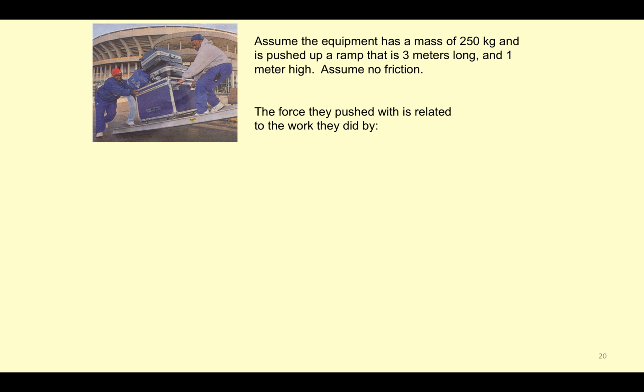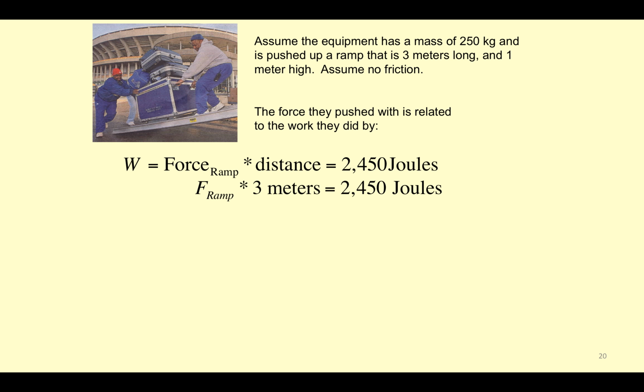But the force they pushed was not equal to mg. Okay, what was the force that they used to push it? Well, the force times the distance is equal to the energy, divide by the 3 meters, they only used 817 newtons of force.